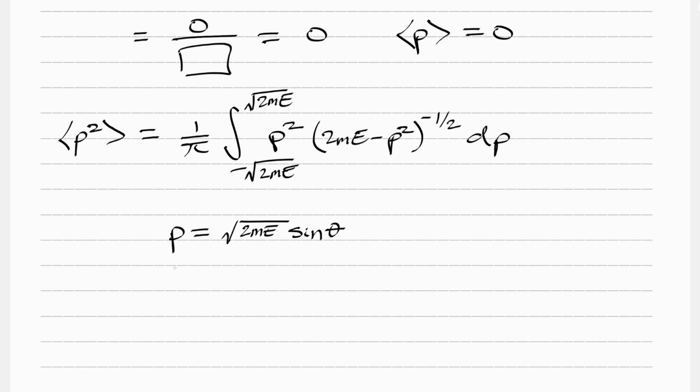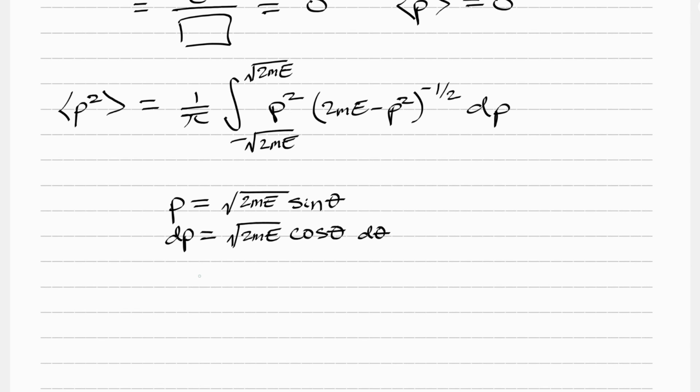It's not necessarily an obvious substitution, but it is a known substitution that I'm going to use. So dp is what we said before, root 2me cosine theta d theta, and thus 2me minus p squared is equal to 2me cosine squared theta.